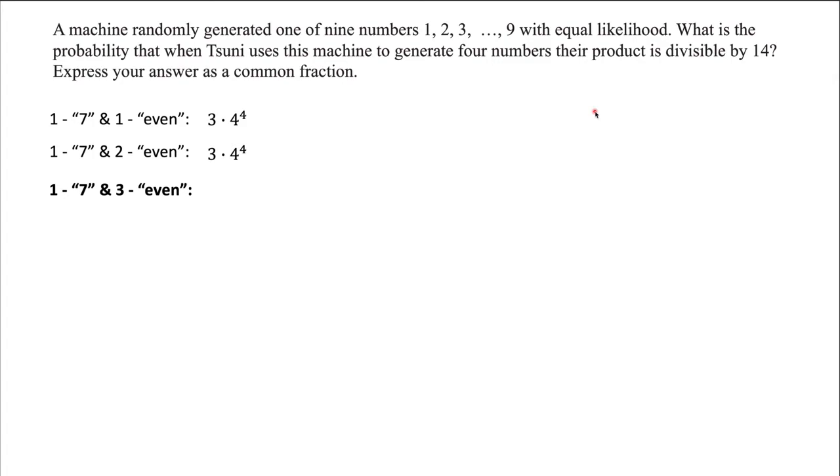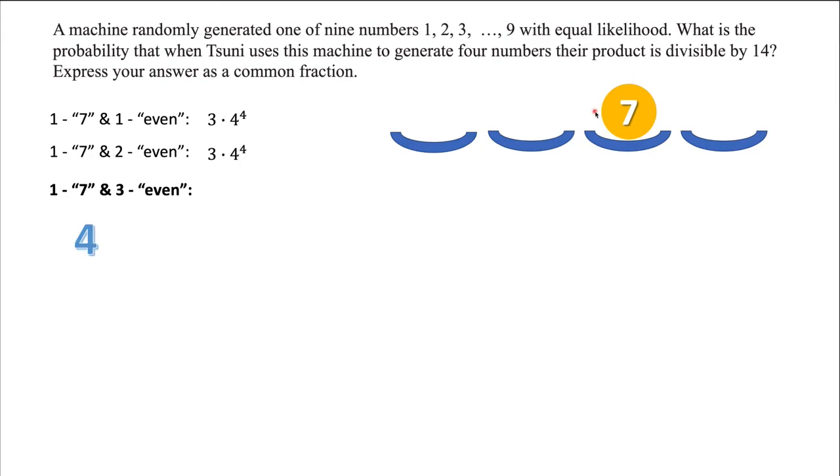Now let's consider the third case, when I have 1 seven and 3 even numbers. 4 spots. We put a 7 ball. There are 4 ways to do it. And then I just fill the rest of the spots with even balls. The next thing we need to remember is that each even ball is actually 4 different numbers.